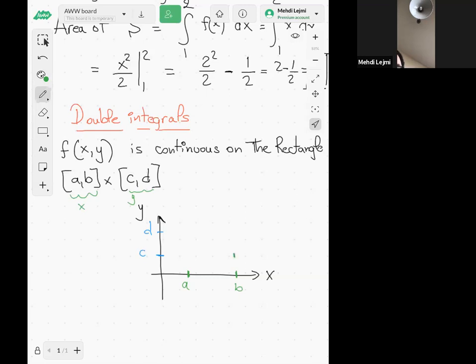So that's what I mean by AB cross CD. So this rectangle here. Okay. So this is my rectangle AB cross CD.